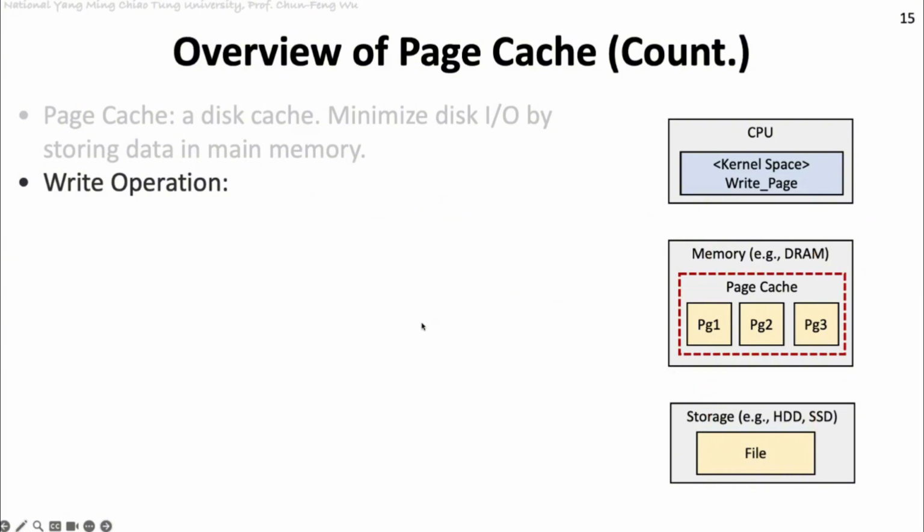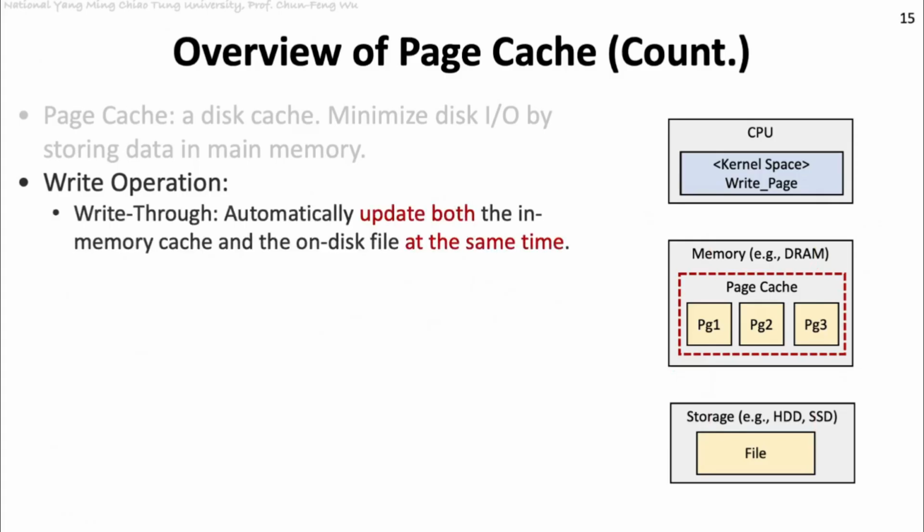Okay, so for write, there is a little bit of difference from read, because for write there are 2 different options for a write path. The first one is called write through, because I think when you are learning about the cache, there are also 2 options for write. One is write through cache, another is write back cache. Write through cache automatically updates both the memory cache and the on-disk file at the same time.